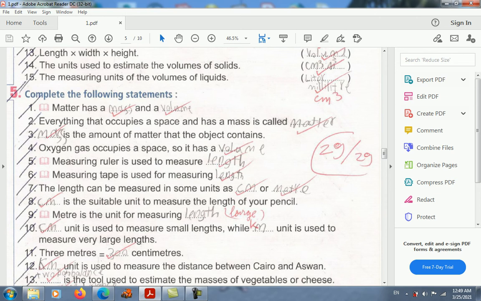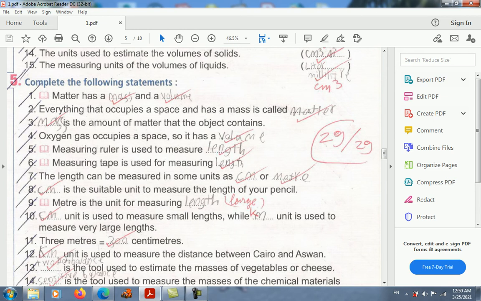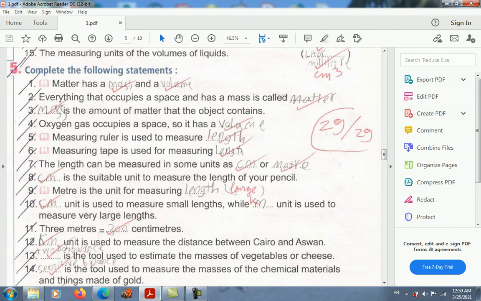Of course, it's the volume of regular solids, and actually it's basically the volume of cuboid. 14. The units used to estimate the volumes of solids. Centimeter cube or meter cube. 15. The measuring units of the volumes of liquids. Liter, milliliter, or centimeter cube.